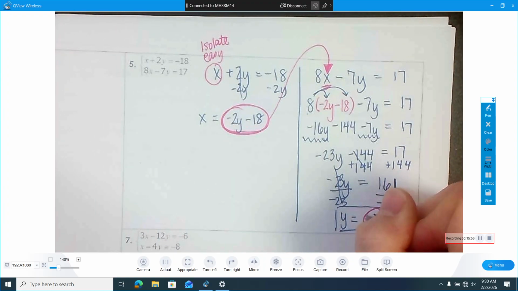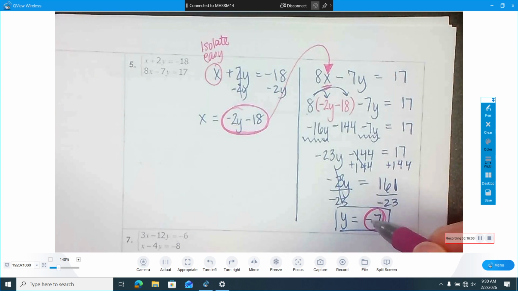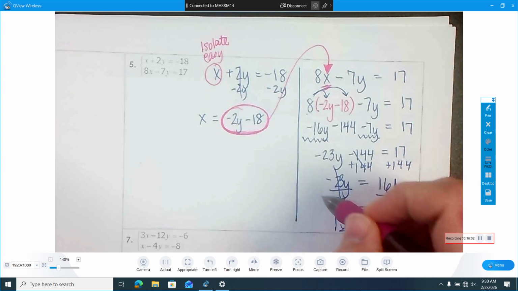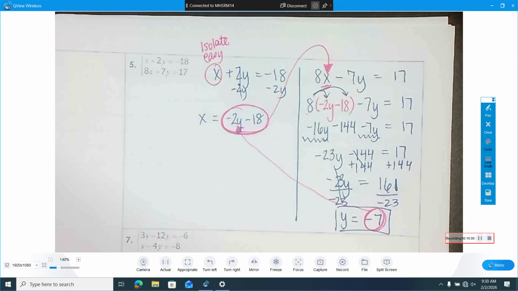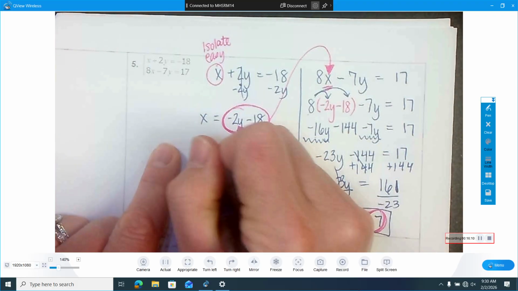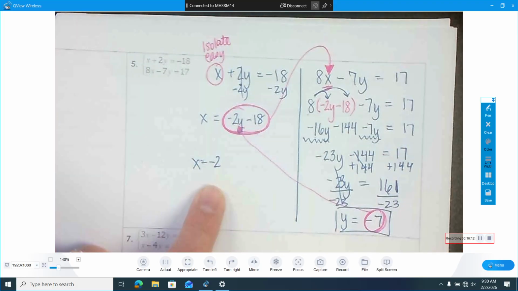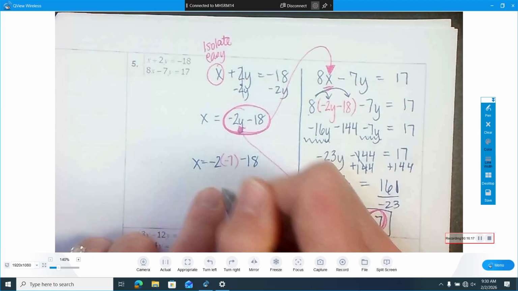All right, what do I do with my negative 7? Plug it in right over here in place of the y. So we get x equals negative 2, in place of the y, I have a negative 7 and a minus 18.